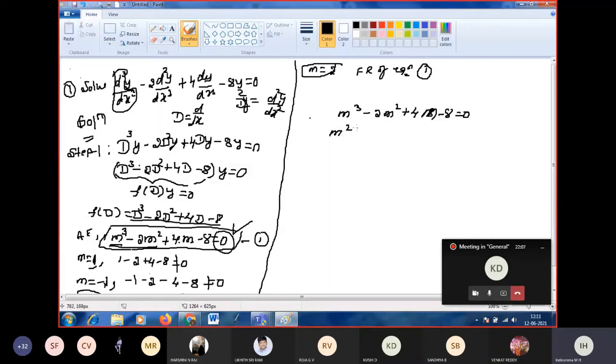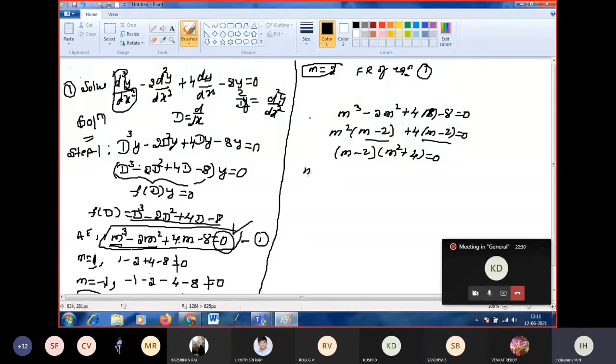If you take m square common, you get m minus 2. If you take plus 4 common, you get m minus 2. So we can factorize it. m minus 2 into, taking m minus 2 common, m square plus 4 is equal to 0.